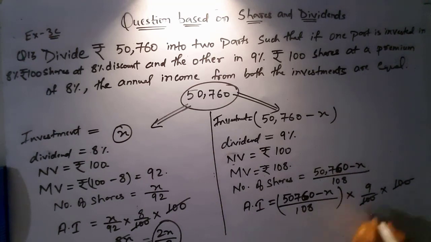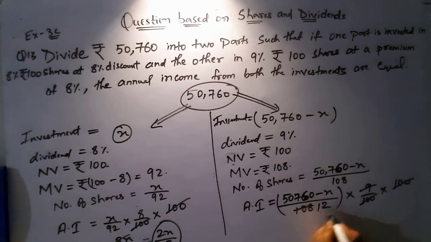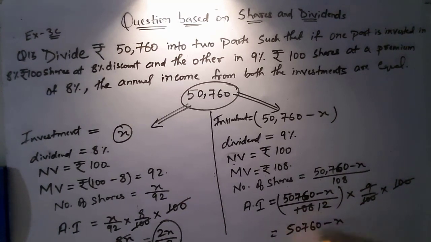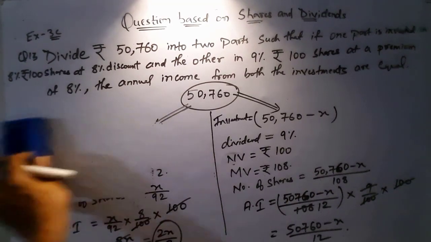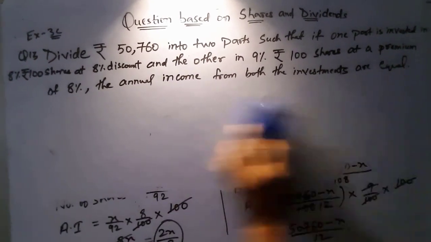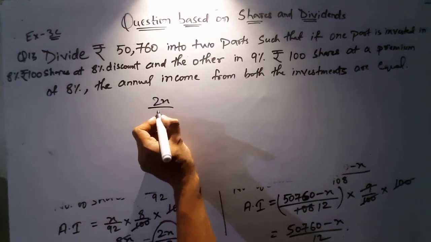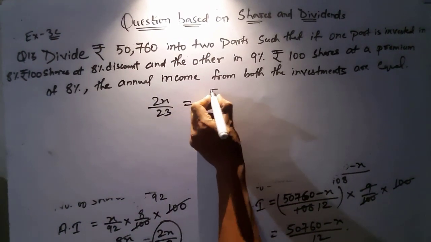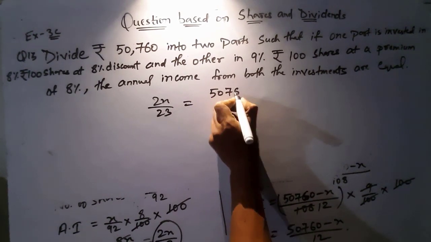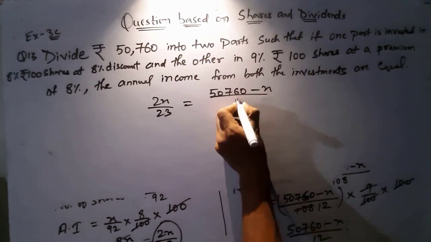Here it comes 9 1s are 9, 9 12s are 108, so it comes 50760 minus X upon 12. Now we will equate the annual income. So it is 2X upon 23 equals 50760 minus X upon 12.